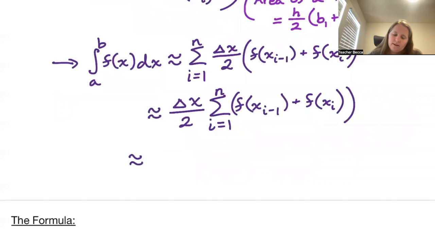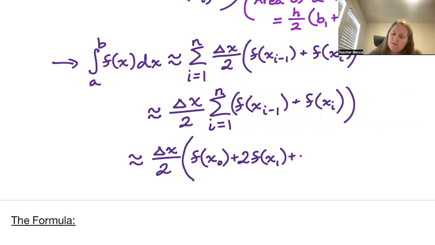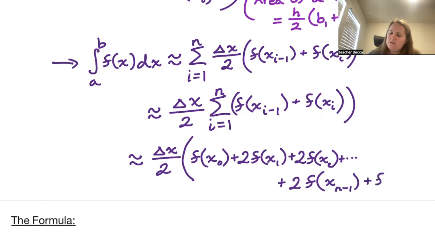So we can rewrite this as delta x over 2 times f of x0 plus 2 times f of x1 plus 2 times f of x2 all the way up through plus 2 times f of x sub n minus 1 and then plus just f of x sub n. So x0 and xn, the f value of those is just on its own.